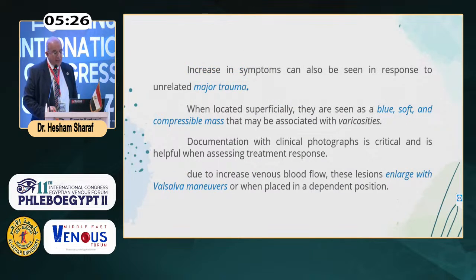Increase in symptoms can also be seen in response to major trauma. When located superficially, they are seen as a blue, soft, and compressible mass. Documentation with clinical photographs is critical and is helpful when treatment begins.